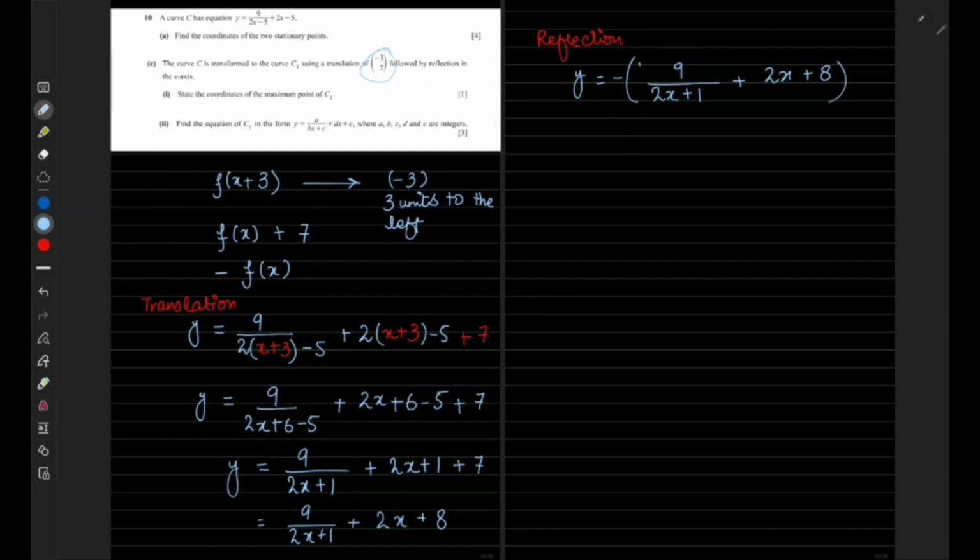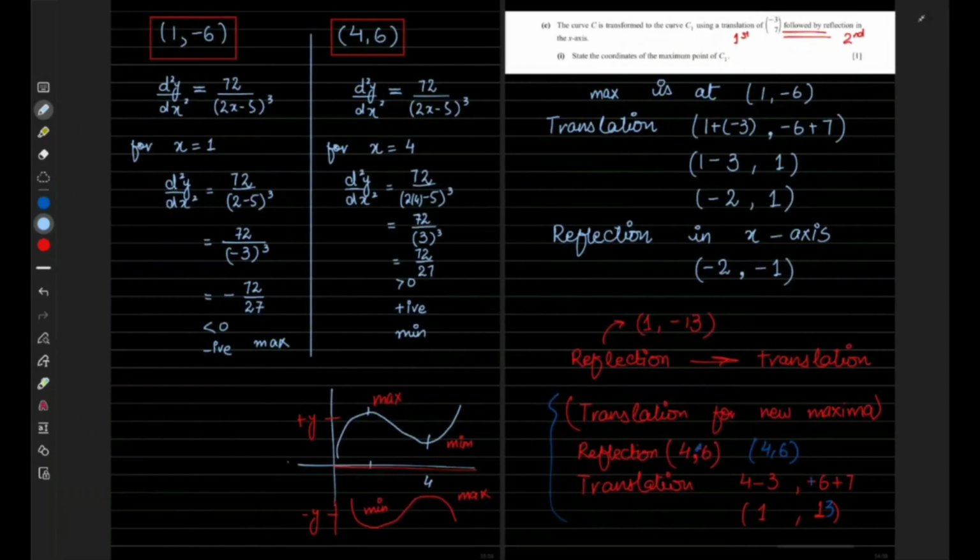Now when multiplied by negative, it will become minus of 9 over 2x plus 1 minus 2x minus 8. So this is how we can get the equation after applying the transformations in this required sequence.